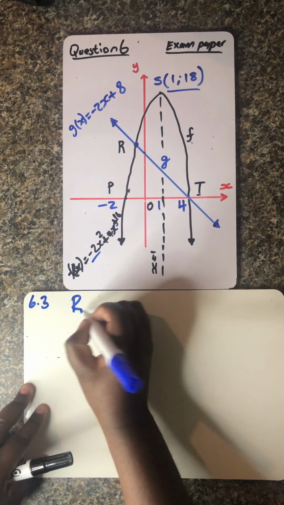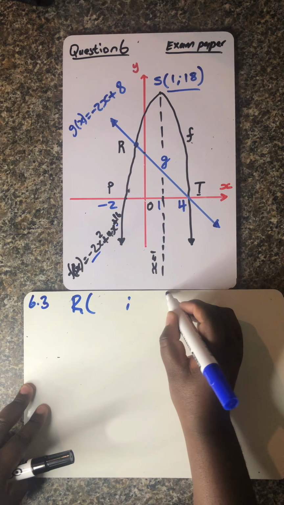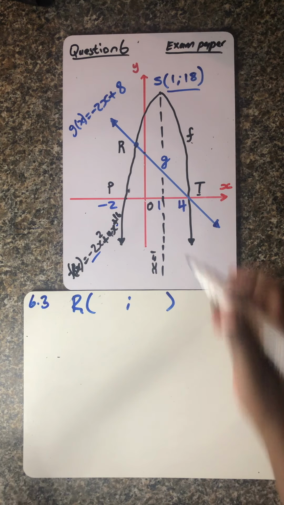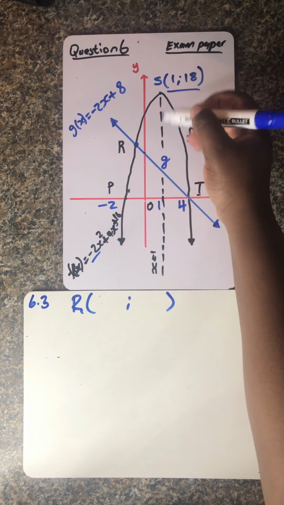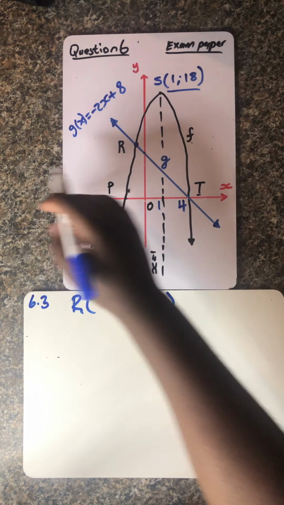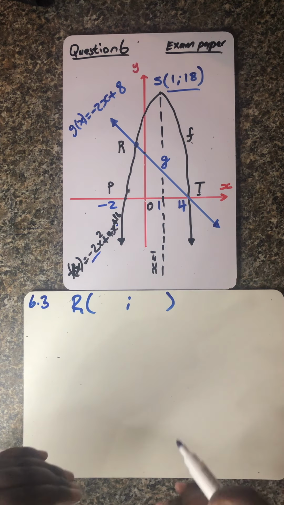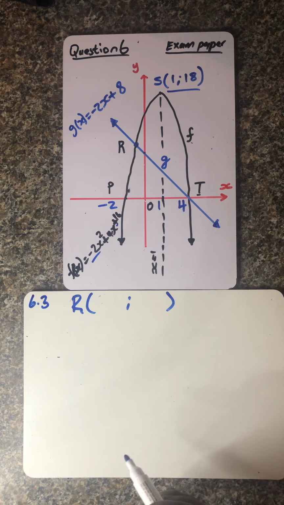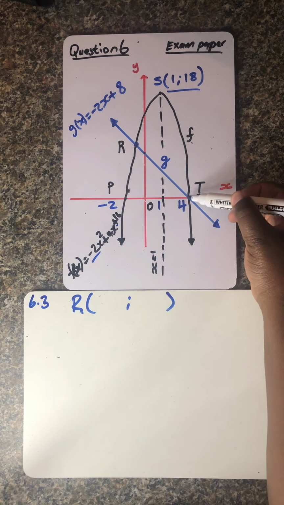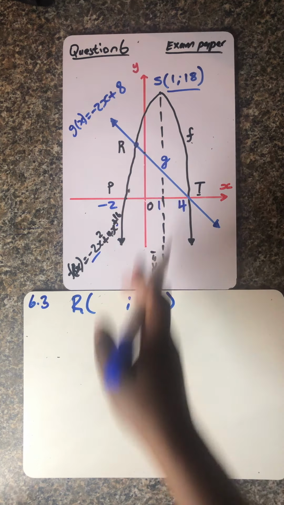What we know about r, there's nothing that we know, ladies and gentlemen, because that point at r is not positioned on any of the x's. So we cannot say maybe x is 0 or y is 0. That one only applies where the graph touches one of the x's.